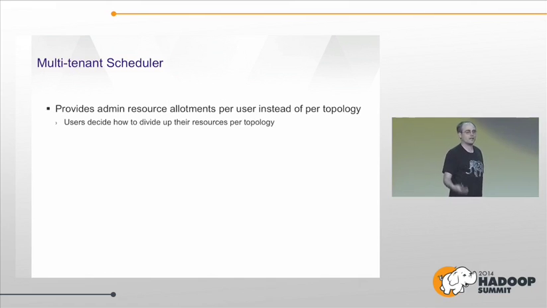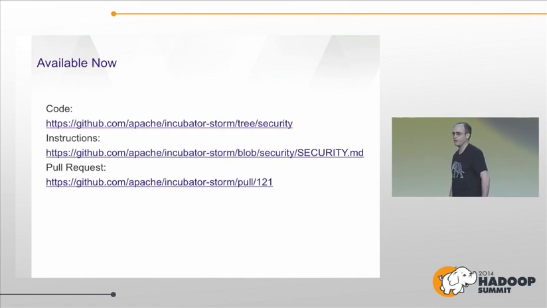That allows us to provide some sense of resource isolation, but also take advantage of the authentication to make it easier for end users to use the resources how they see fit. So all of this is available now, just so you know.